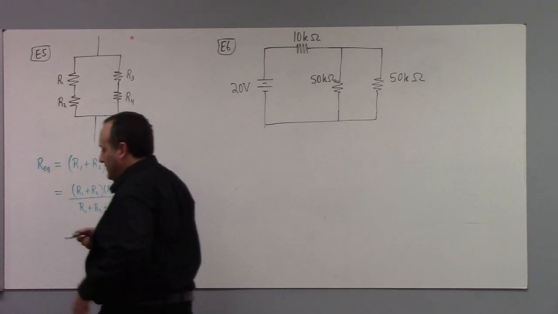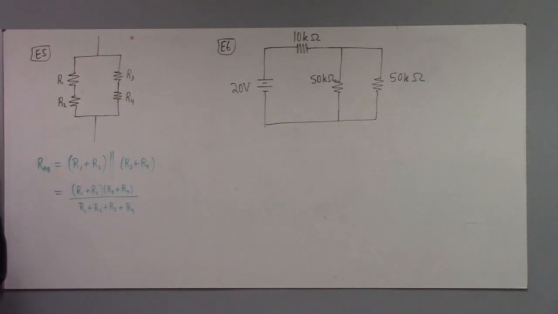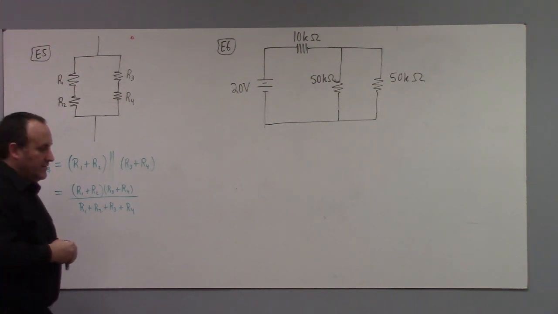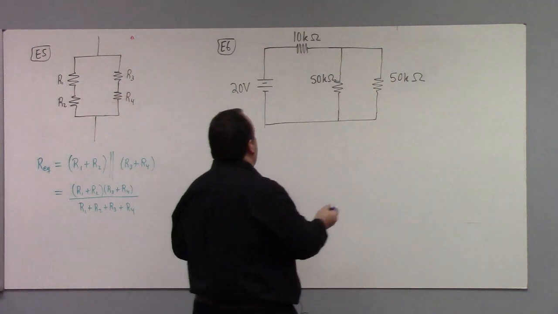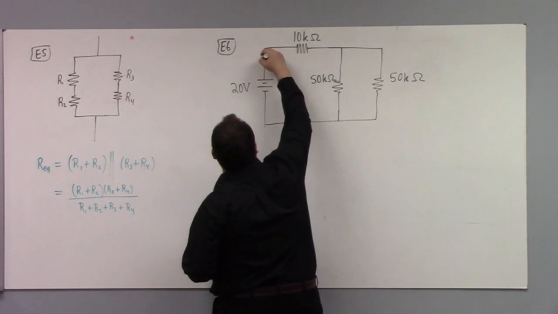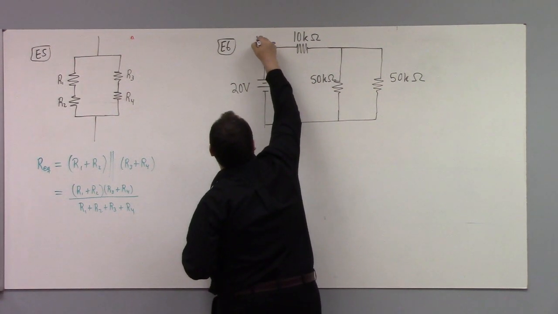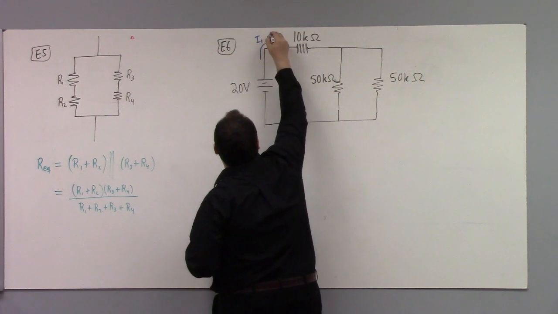So if I do that, let me show you how we can use equivalent resistance to figure this circuit out. We're interested in a few different things. Our goal is to figure out what is I1.